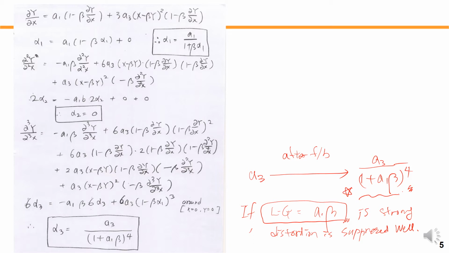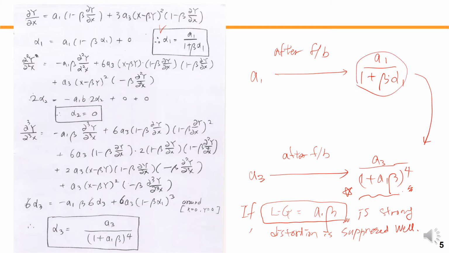Now let's compare with the first order. The original first order coefficient was A1, and after feedback that becomes A1 over 1 plus beta times alpha 1, right? So you can see the difference between the first order coefficient, which is the linear gain, versus the third order.